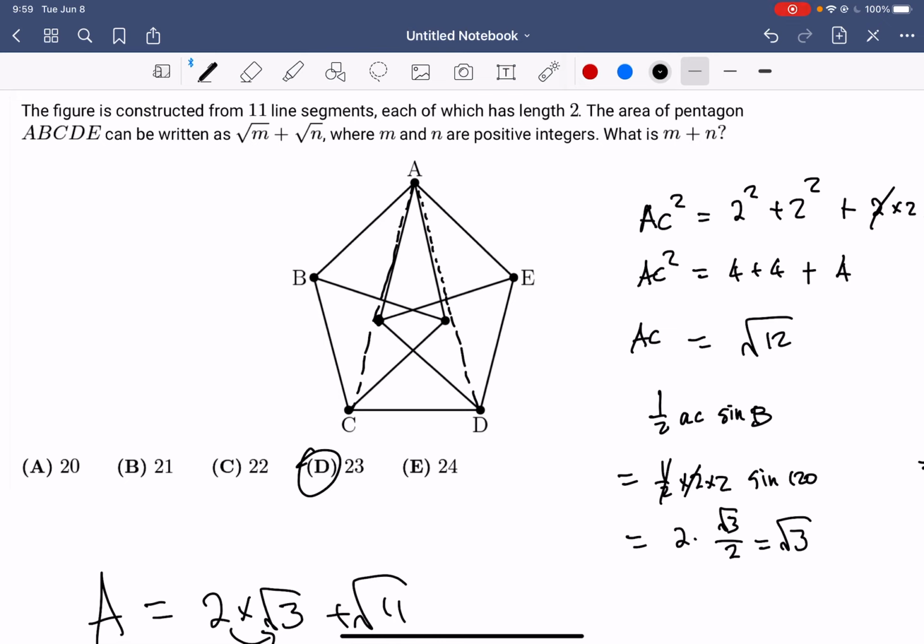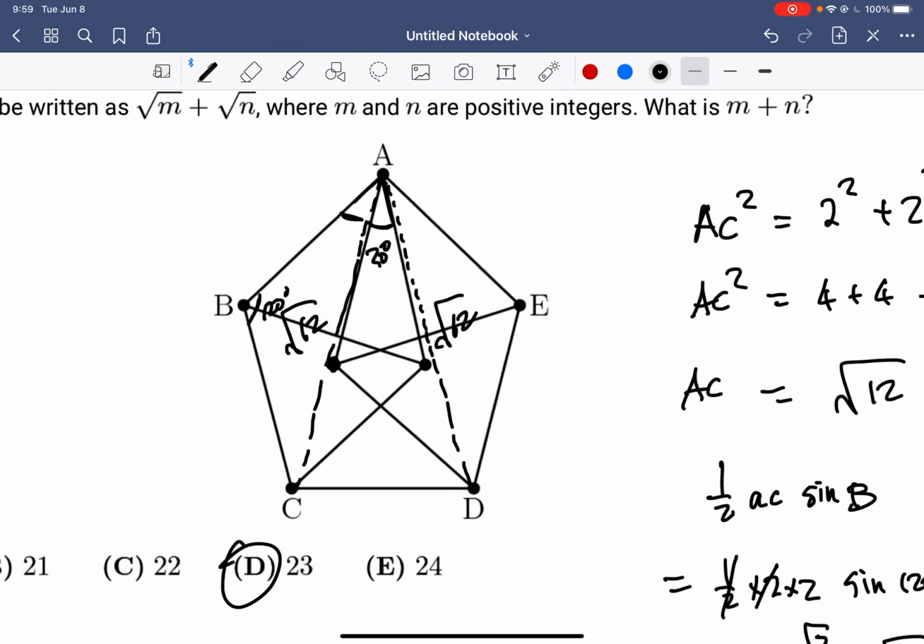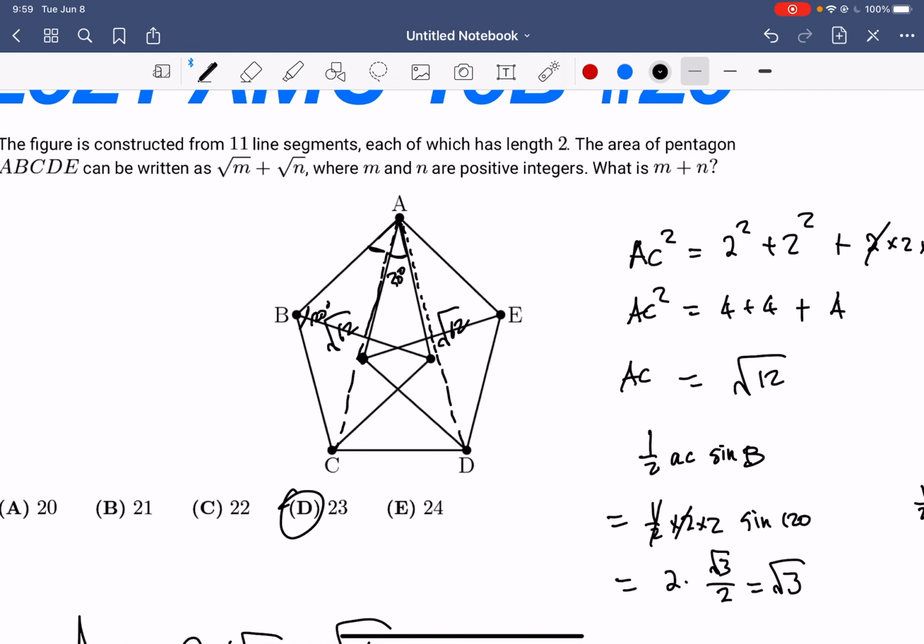That also explains why, even though this segment is root 12, this angle is not 30 degrees. As you might expect, this is obviously 30 degrees because this is 120 degrees and this equilateral triangle is 60 degrees, so we have the 30 degrees right here. But notice this is not on the same line segment, so there is a small angle over here.